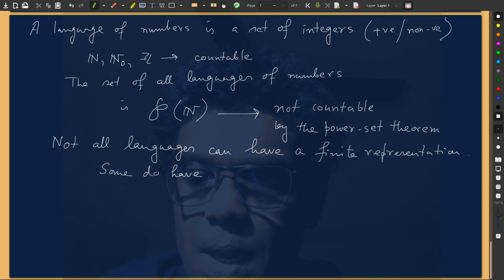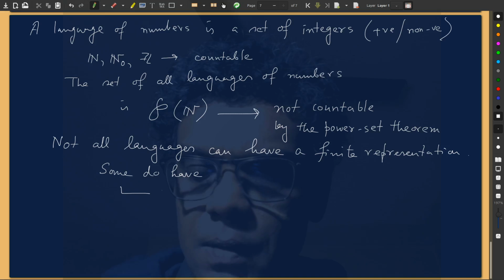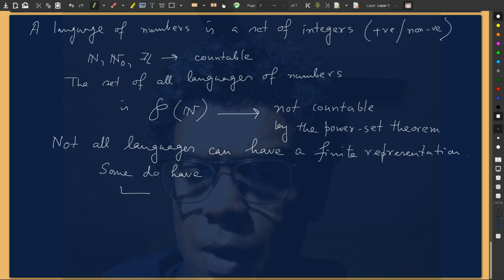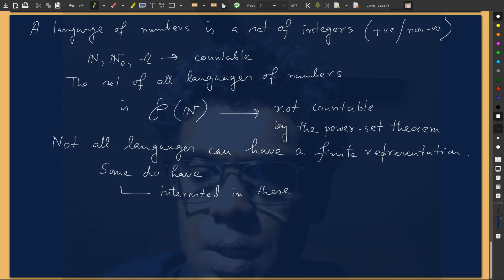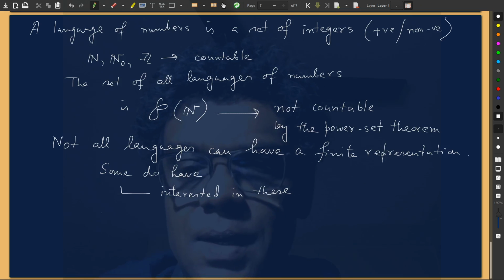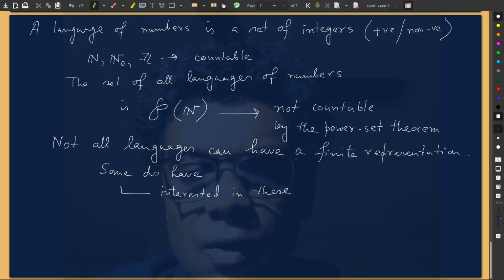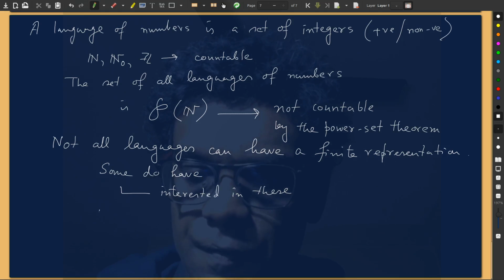Okay. And I would say, for all practical purposes, we are interested in these languages only. In fact, there are many other languages which we do not know how they look like. But still, among those things, there are, in a sense, languages that are not computable. Okay. Some do have, most do not have.